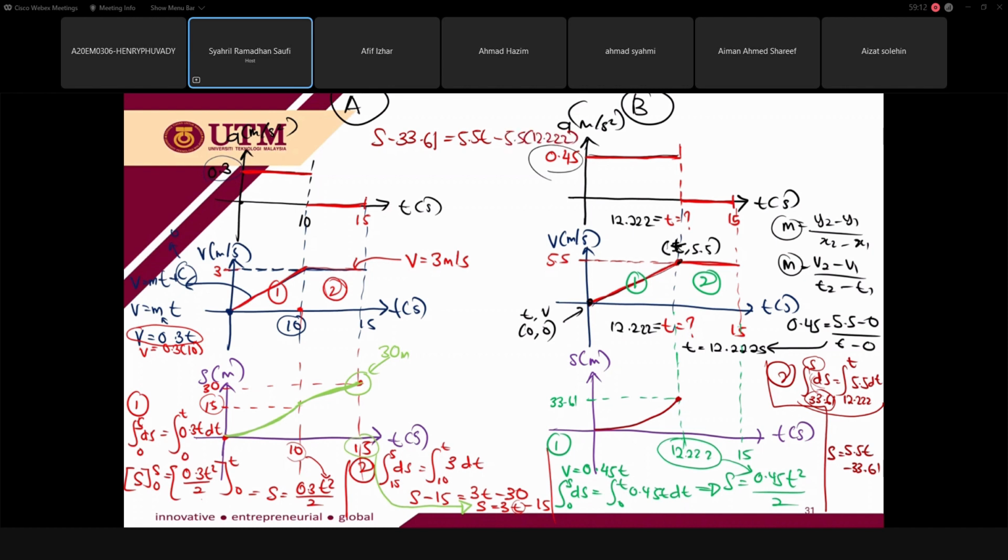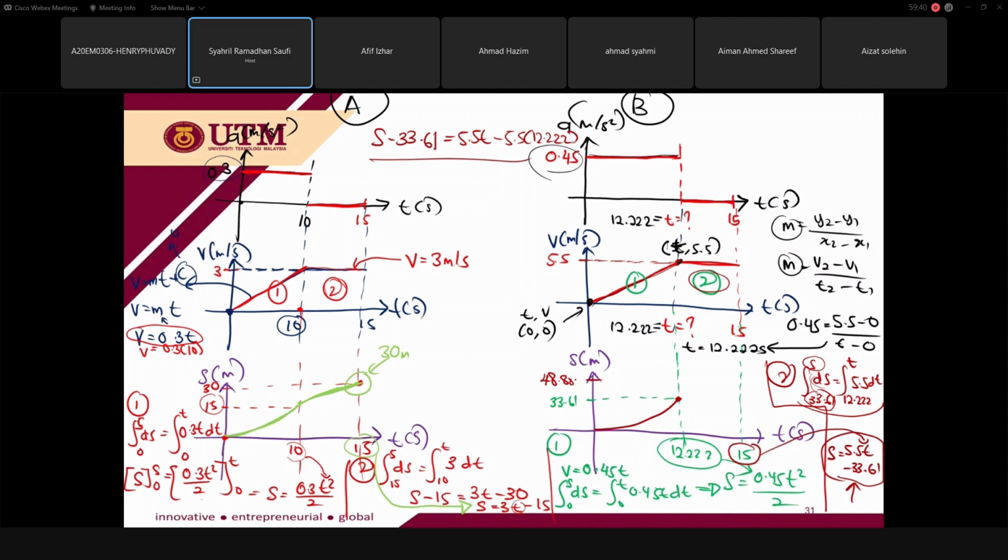If you solve this one, you will get this equation for the second section. This is your general equation. So you substitute 15 into this equation, then you will get the displacement is actually 48.888.